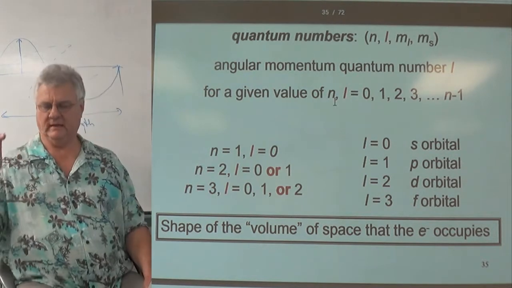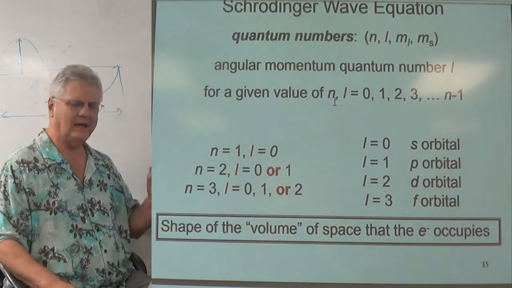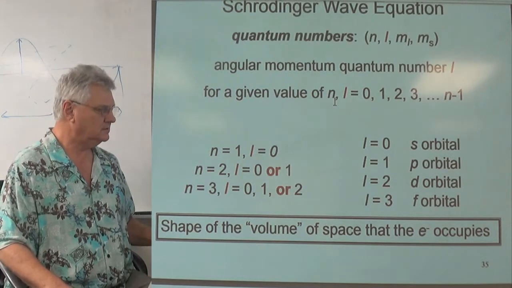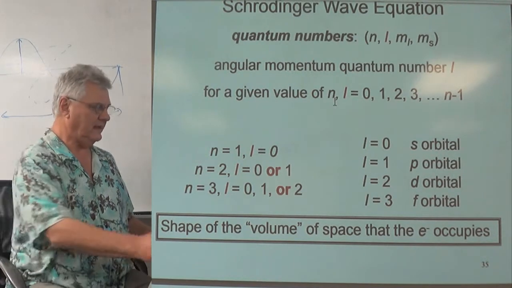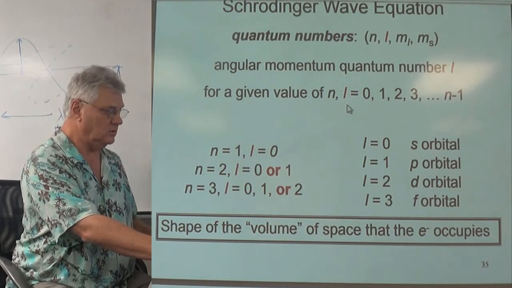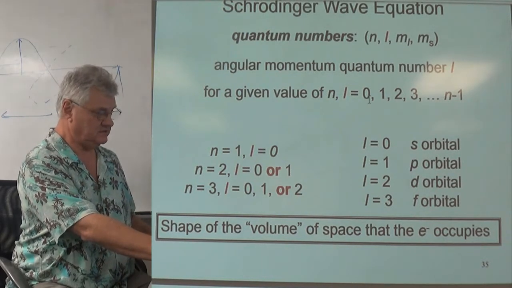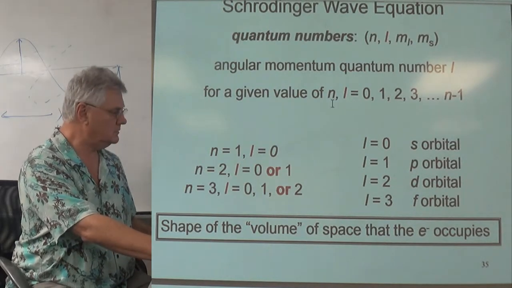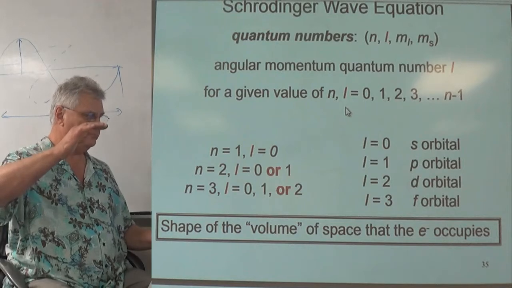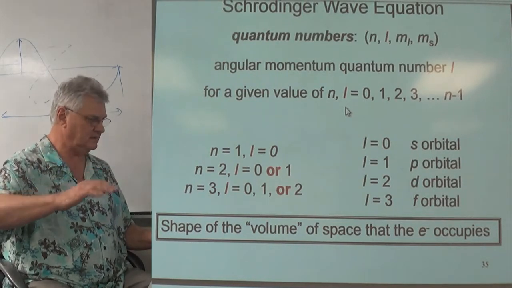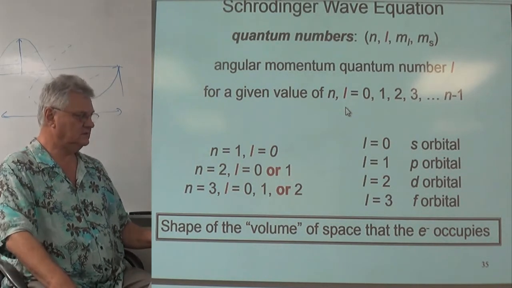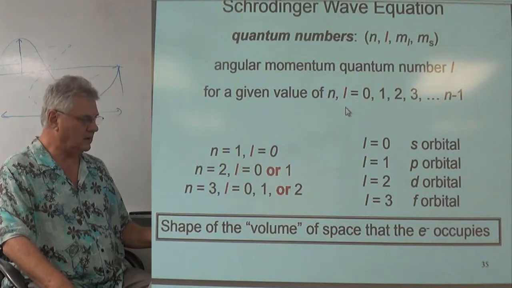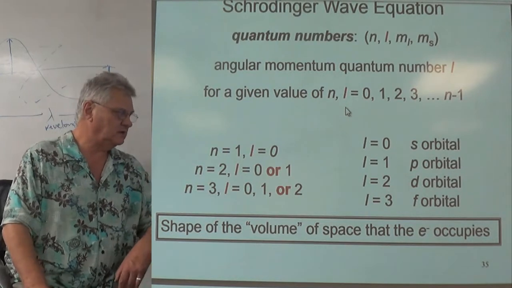So when n is equal to 1, L has to be 0. When n is equal to 2, now L can either be 0 or 2 minus 1, which is 1. Okay?